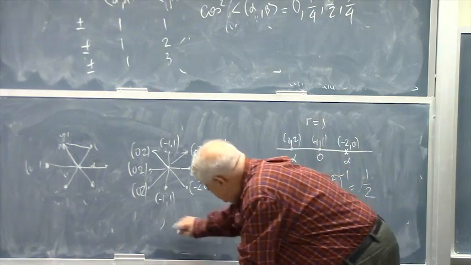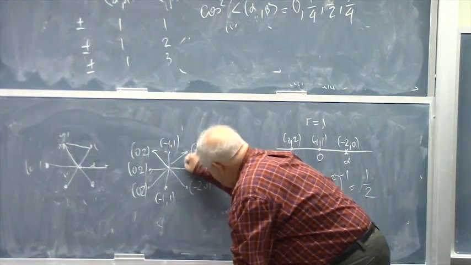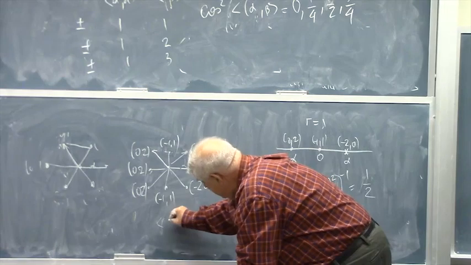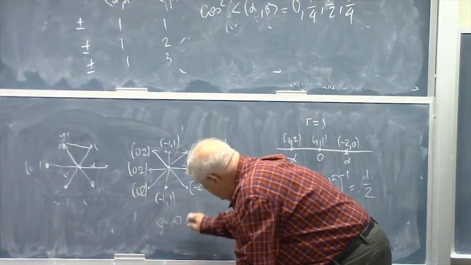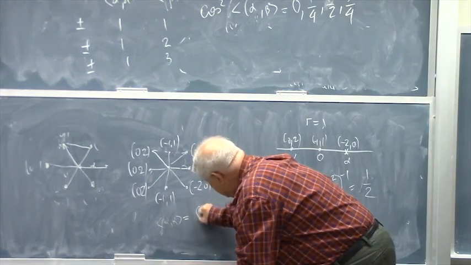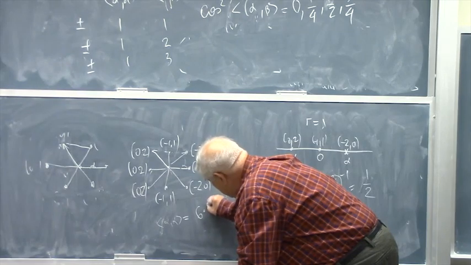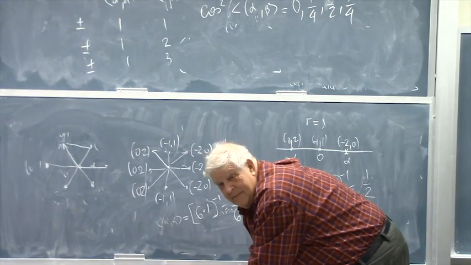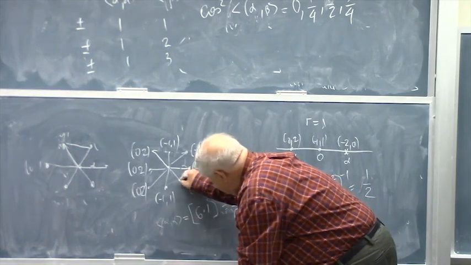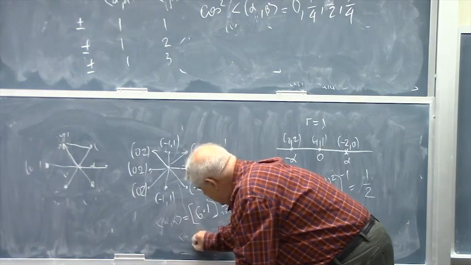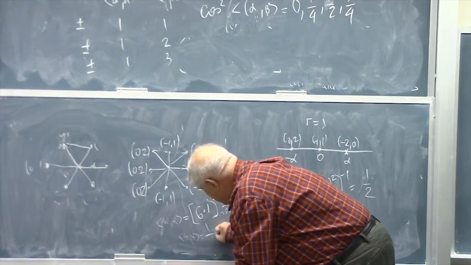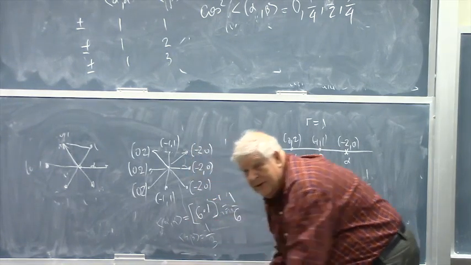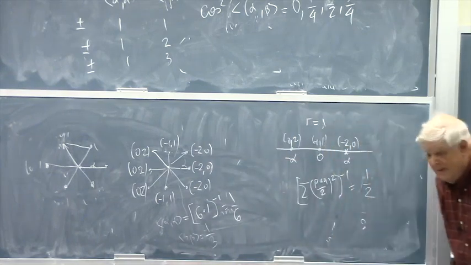So if this is alpha, for this alpha, I wrote this, then alpha is what? 6 times 1. If this is beta, this will be 1/3, because it is 2 times more.